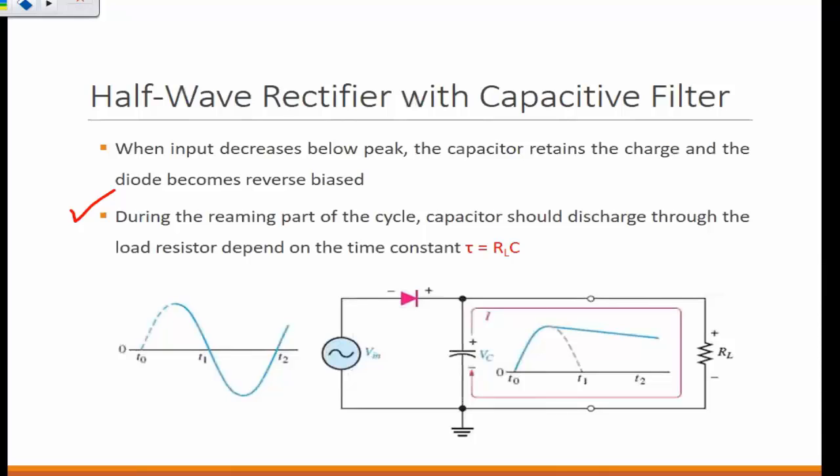So its charging path is towards this direction, but the discharging path, of course, doesn't include the diode, so it's going to be just those two. So it's going to be towards the load.